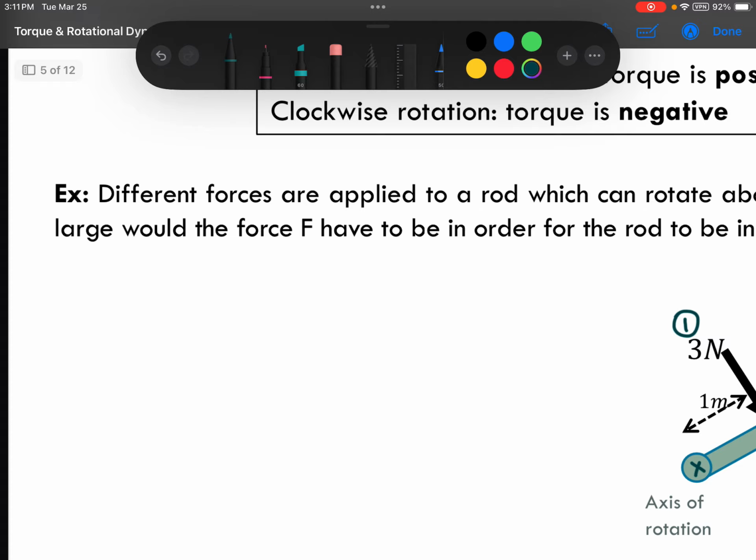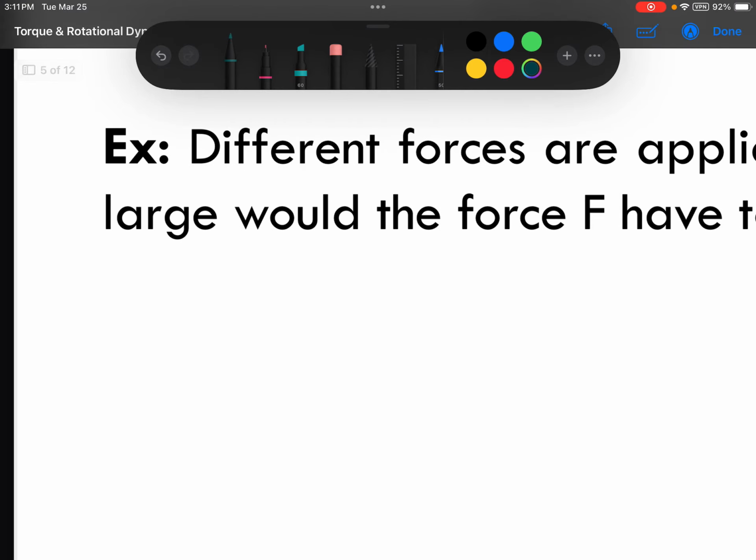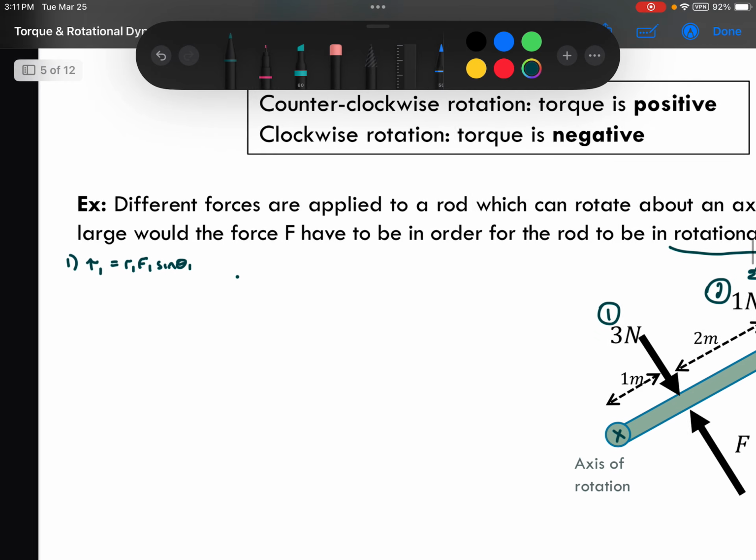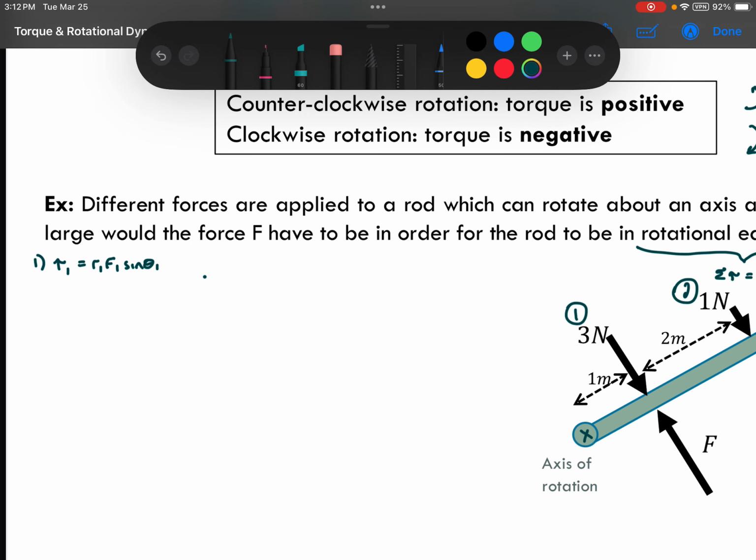And so for force 1, the torque from that force, I'm going to use subscripts just to keep it very clear. This will be torque 1, R1, F1, sine theta 1. Again, just because we want specifics, we need the distance from the axis of rotation to force 1.